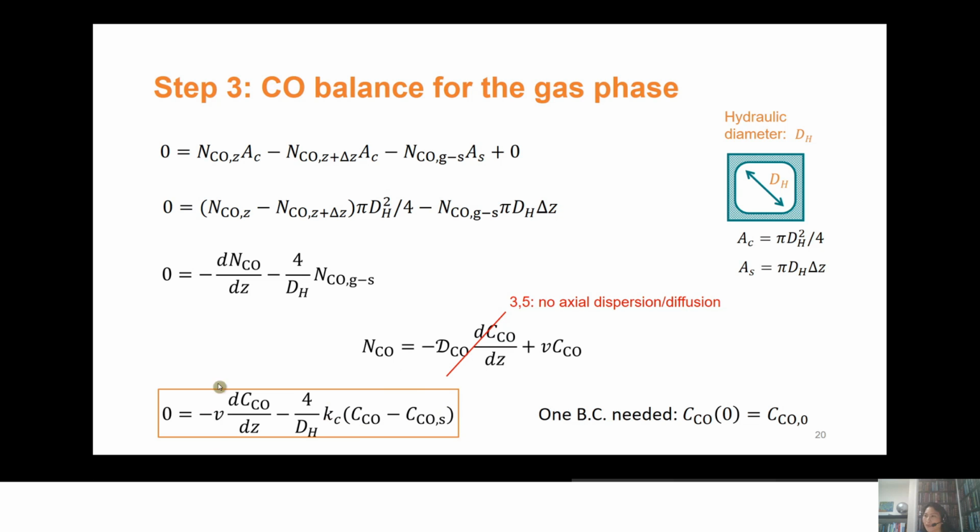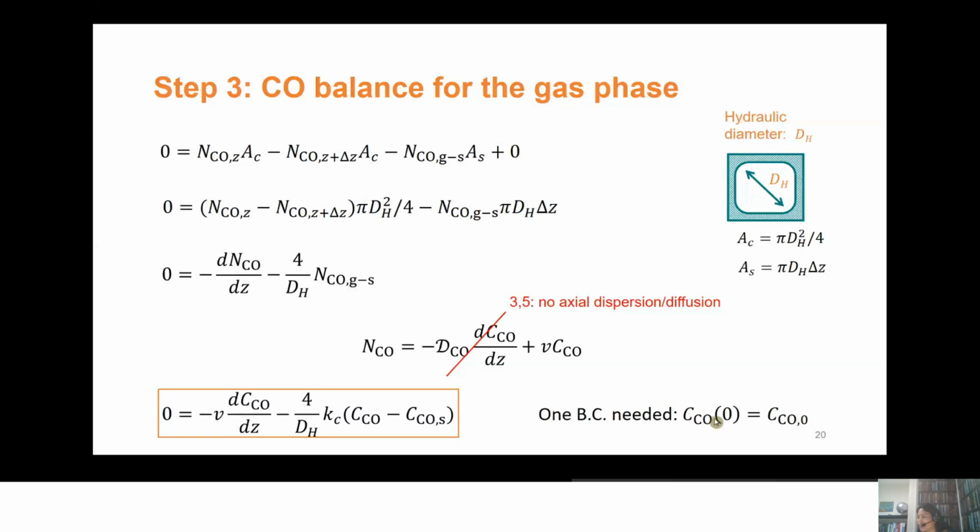So we've derived the concentration profile of CO in the gas phase. This is our first differential equation, and it is a first order differential equation, so we need one boundary condition.